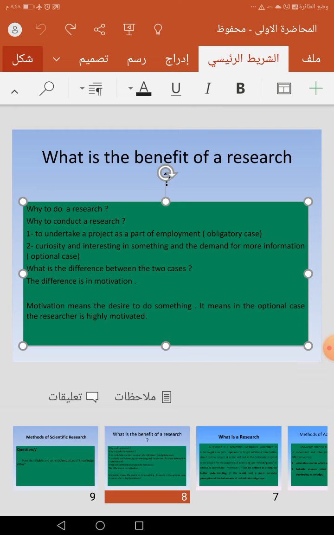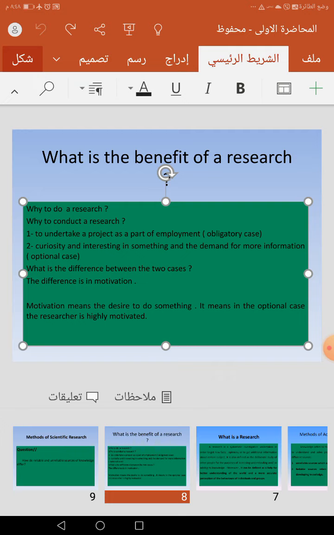You are an employee and your boss or your chief at the office asks you to do a research related to something, and this is obligatory. Your boss asked you to do a research about something, and it is your responsibility to do this. And this is an obligatory case.